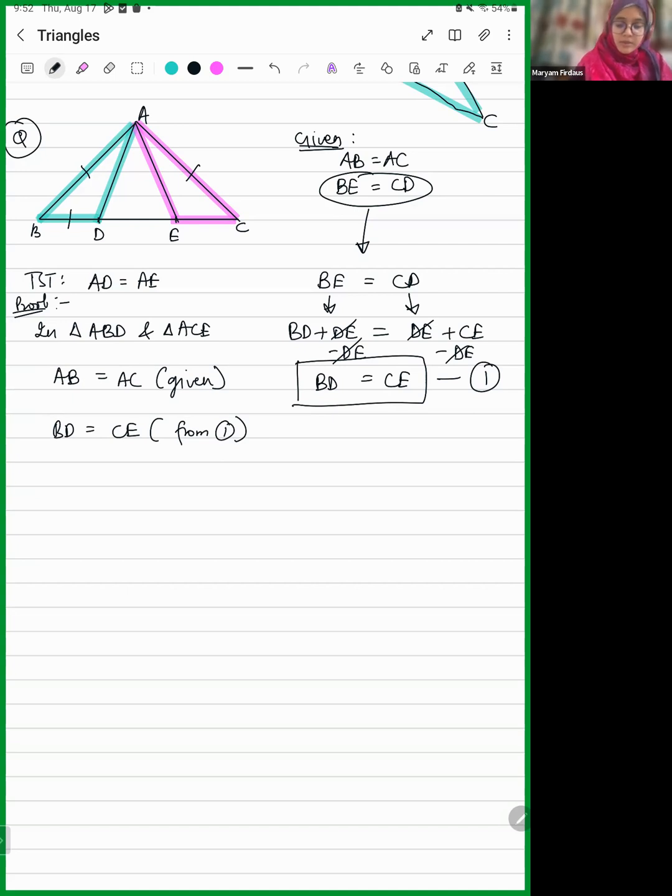So this equals this. Now, one more thing. Who will tell me? Angle B equals angle C. Why so? Because it's an isosceles triangle, so angles opposite to equal sides are equal.